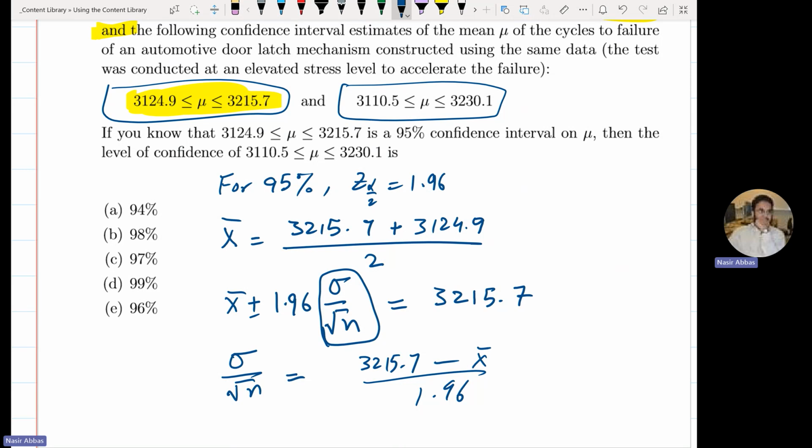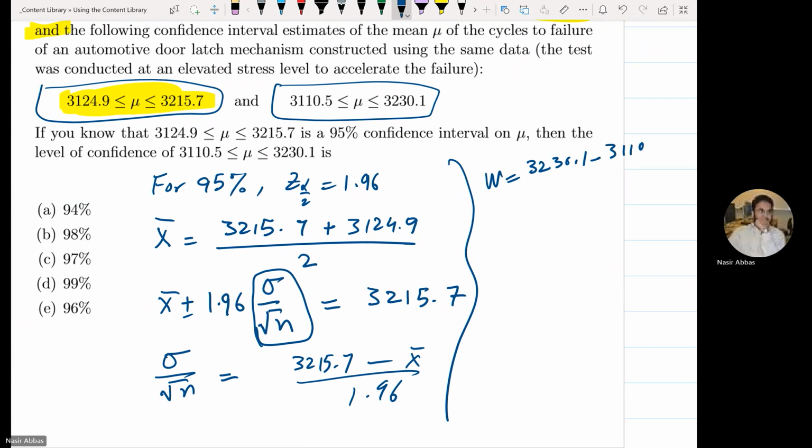Now they are asking you to find the confidence level of the second one. Again, find the width of the second one. Get the value of z alpha by 2 from the second one by plugging in this z alpha by 2. From this second one, the width of the interval is what? E is what? Which is z alpha by 2 times sigma over root of n.